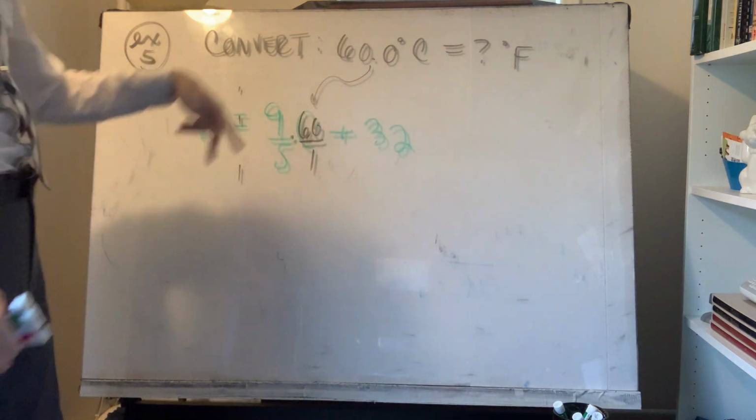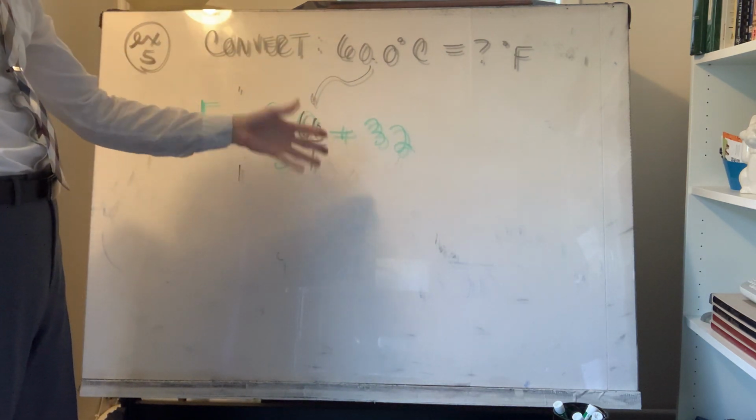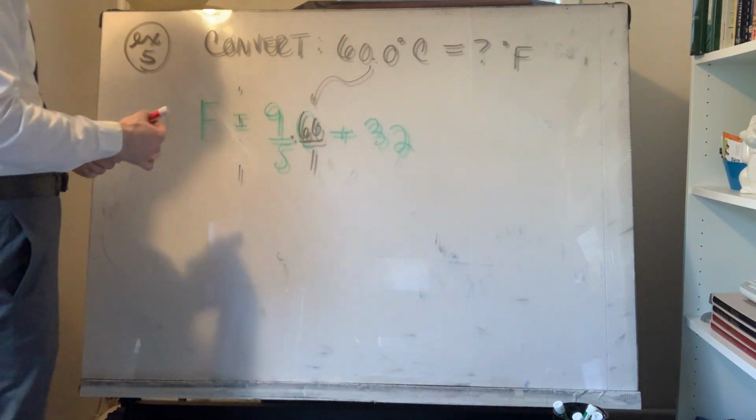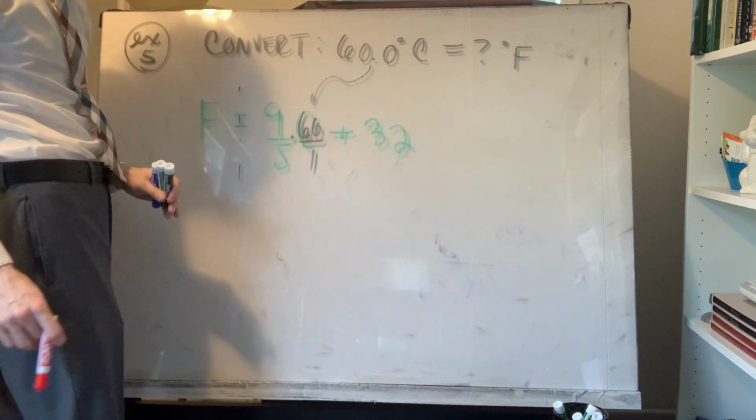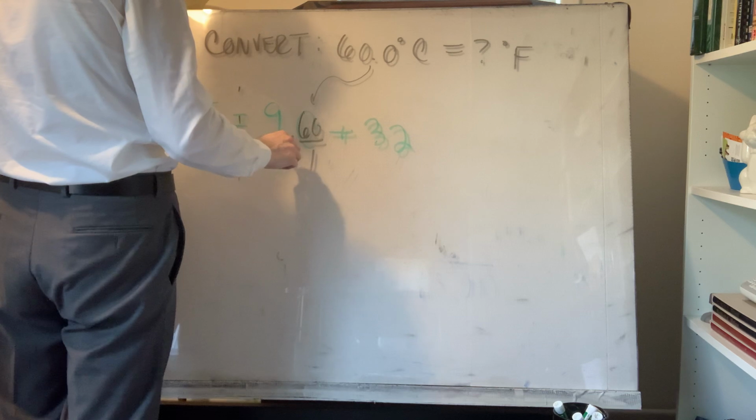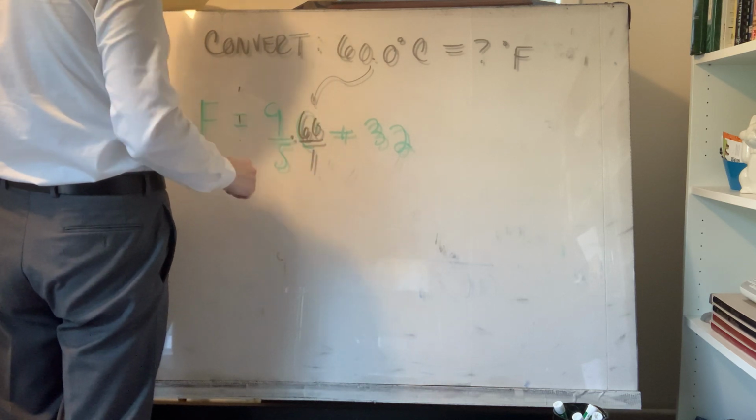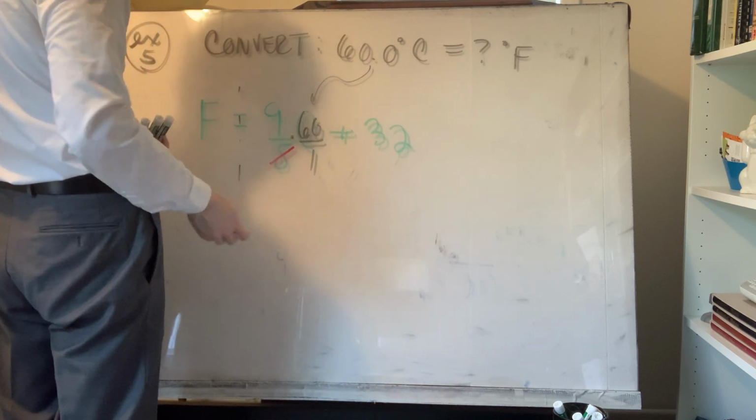and you could do brute force top times top, bottom times bottom, or use your calculator, but I would try to simplify always before I multiply. The relationship between 5 and 60 is that they're both divisible by 5.